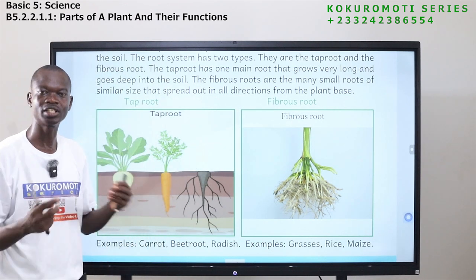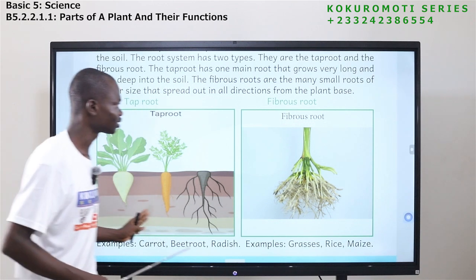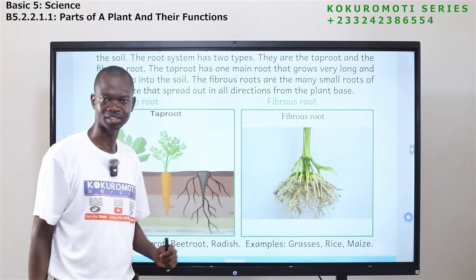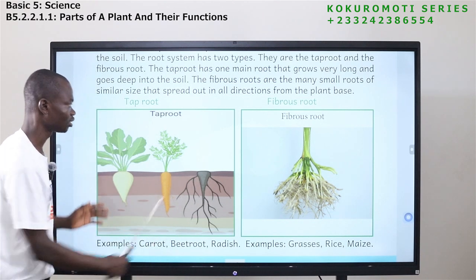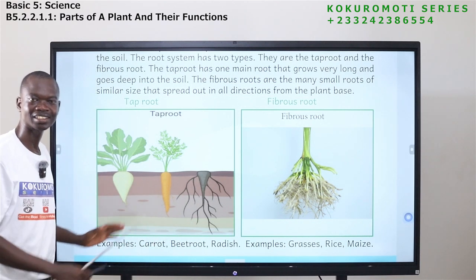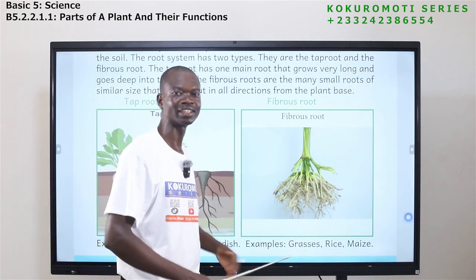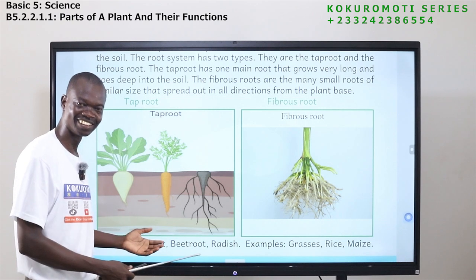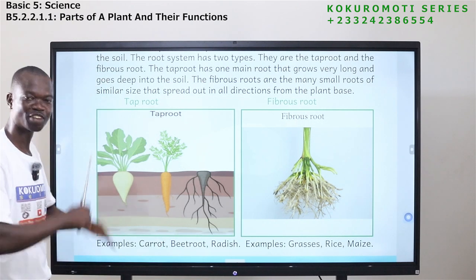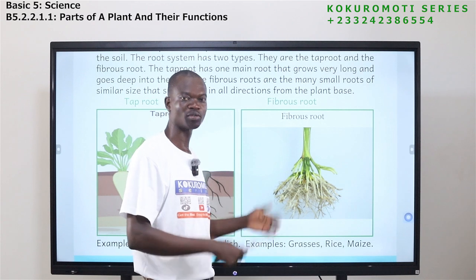If you are asked to give the difference between tap root system and fibrous root system, the difference is what I've shown you. This one, the tap root system, doesn't have many roots, but the fibrous root system has many what?